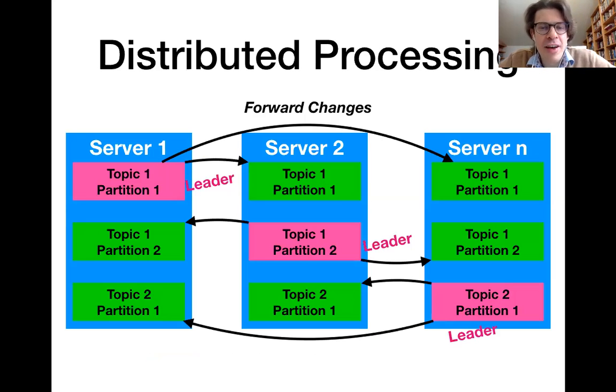For each of those partitions, a different server is the leader, so it accepts updates from outside and forwards those updates to the other servers, which are storing the same replica of the same partition. So this is how distributed stream processing works in Kafka at a high level of abstraction.